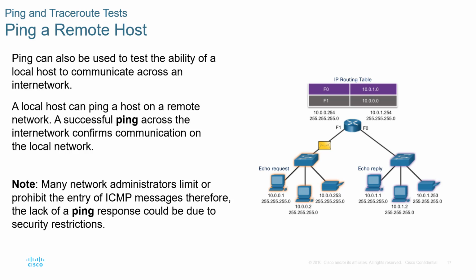And that way we can verify remote host connectivity. Again, it's important to point out that no response is not saying that the host is down. It could just be that the administrators throughout the network have decided to disable ICMP traffic through the network. So do keep that in mind.